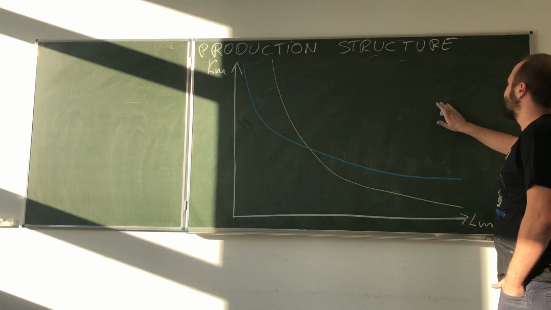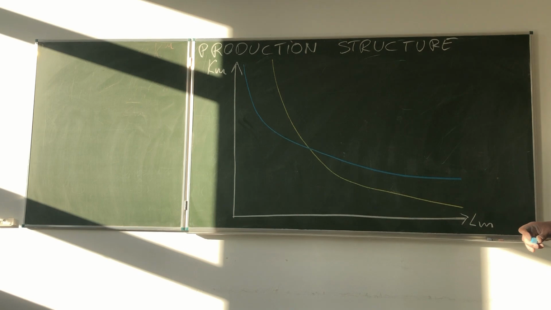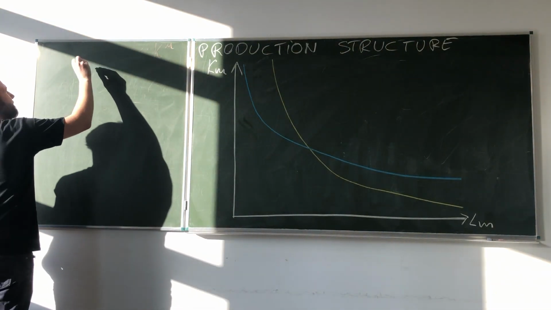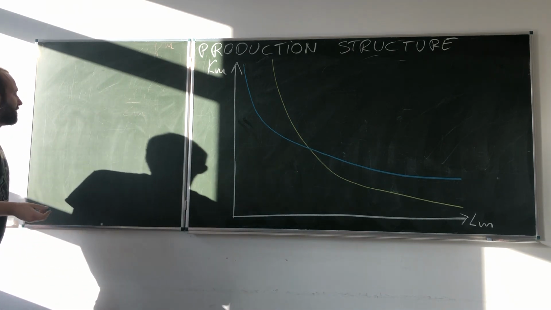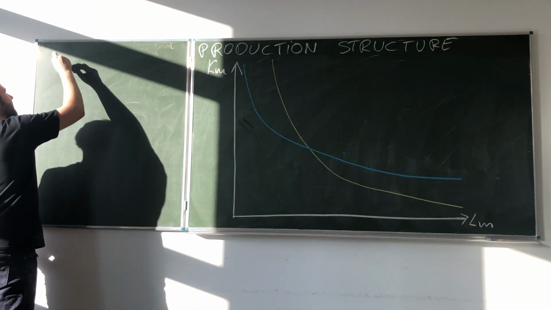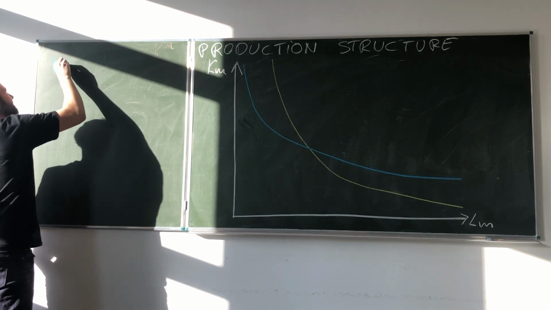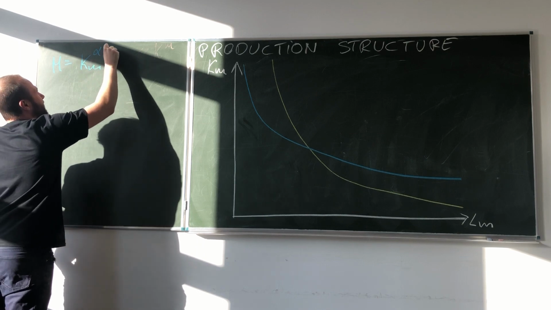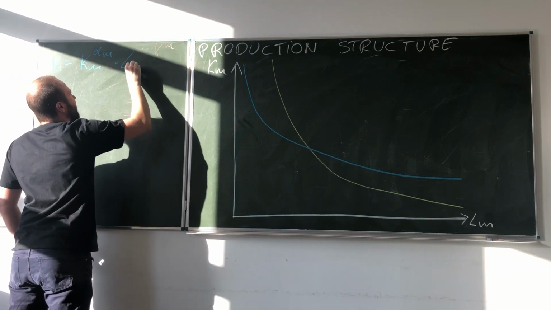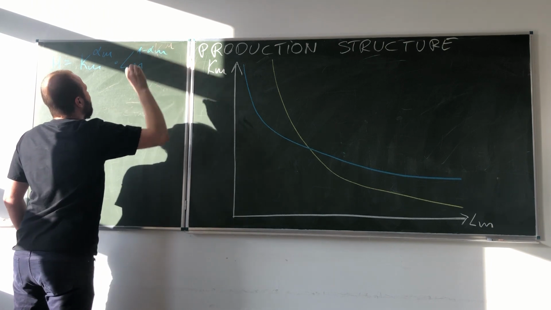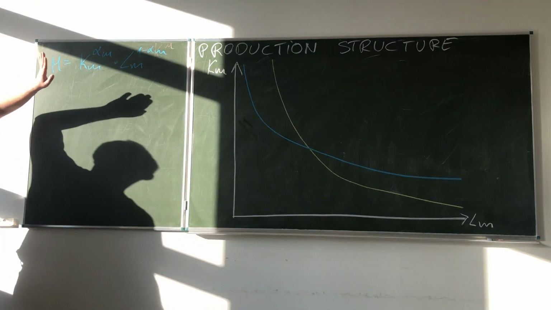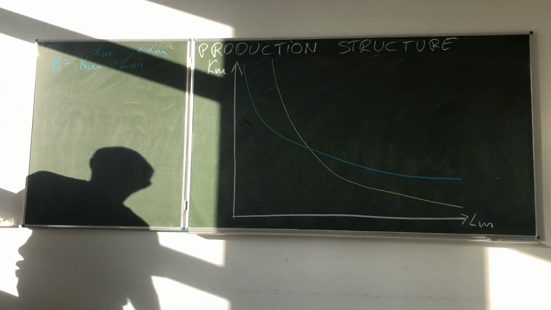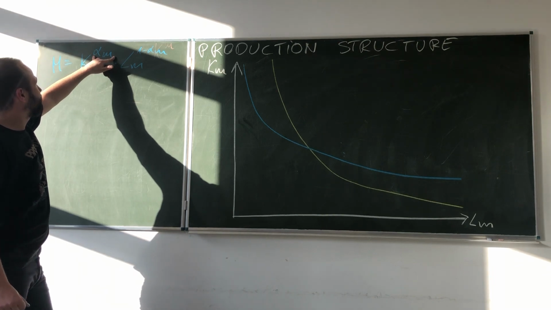And how can we measure a capital-intensive process? Where do we get this capital intensity? Well, from our production function. Our production function had a specification K_m to the alpha_m times L_m to the 1 minus alpha_m.